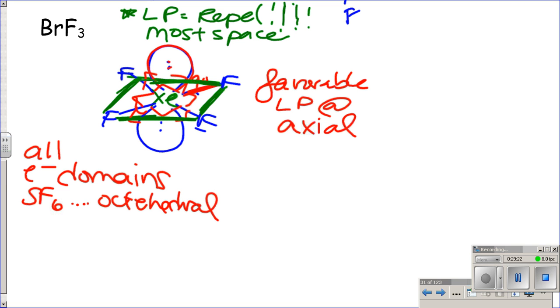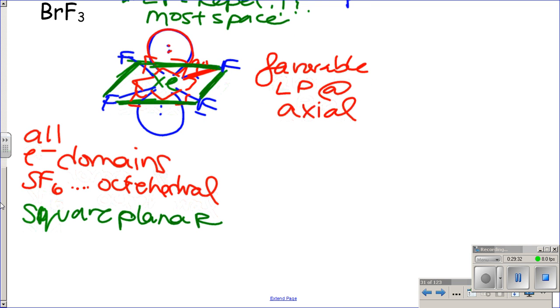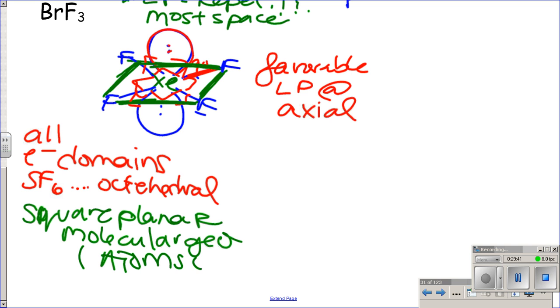Well, that has a square planar appearance when you're only considering the molecular geometry, which is a consideration of atoms only. So atoms only, you should see a square planar figure here.